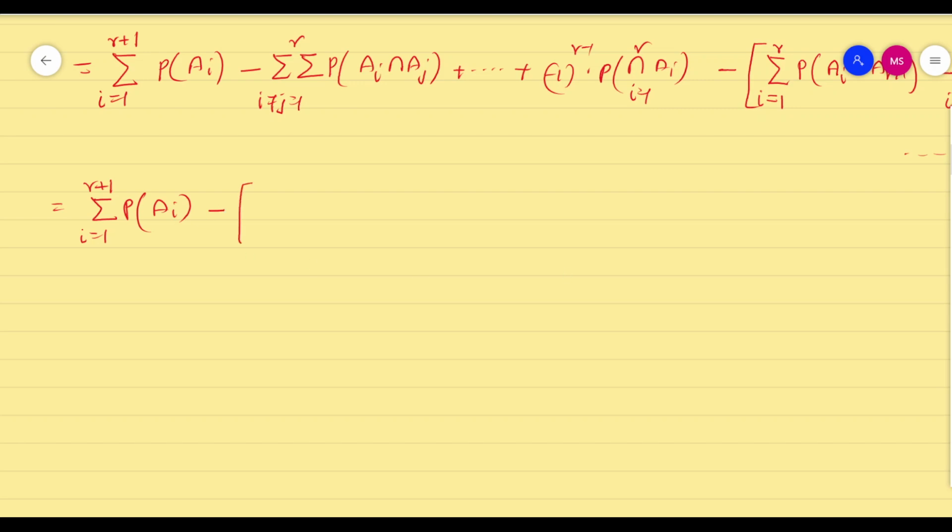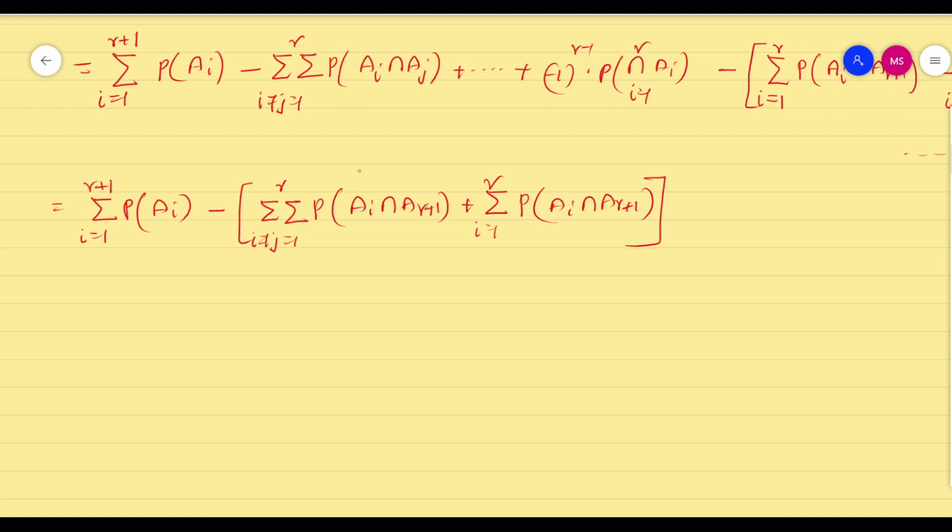Minus the combination of two terms: the double summation, i not equal to j, from 1 to r, of P of A_i intersection A_j, whereas summation i running from 1 to r of P of A_i intersection A_{r+1} is the one combination.